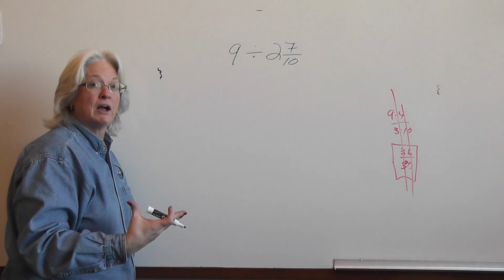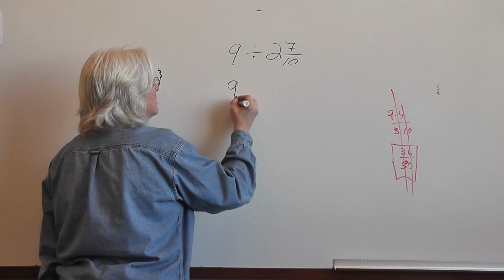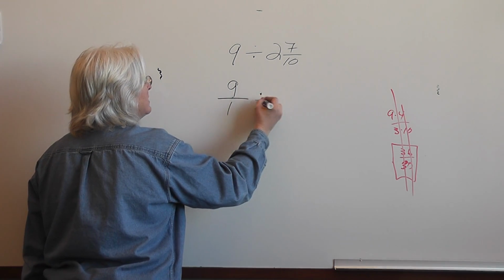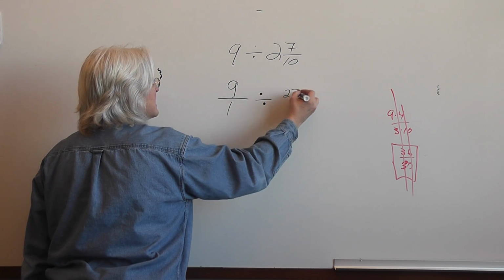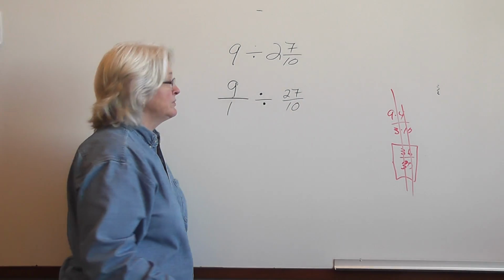We're first going to write these as rational numbers: 9/1 divided by 27/10. Both of these are rational numbers.